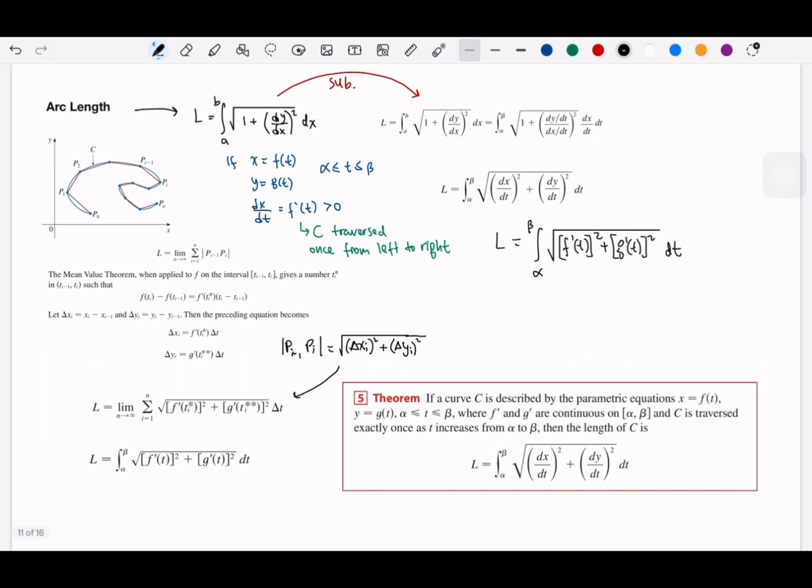Okay, I forgot to add the surface area, but let me add it after this part. Any questions? No?